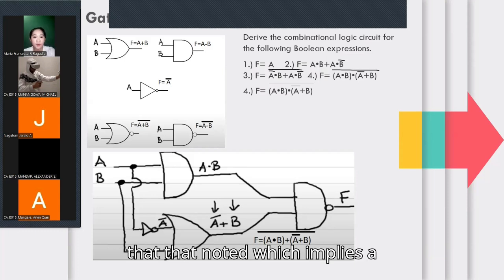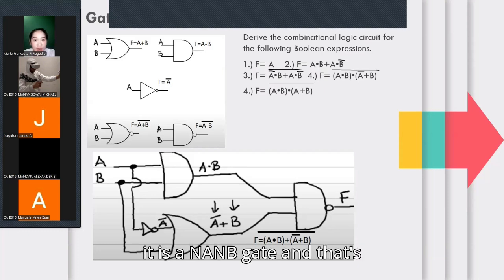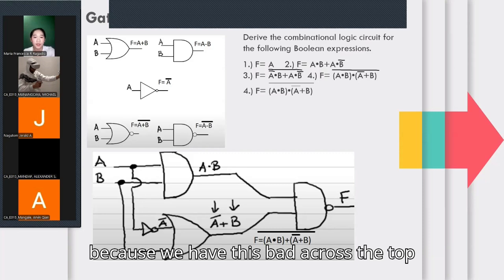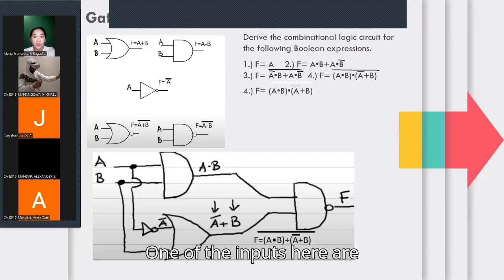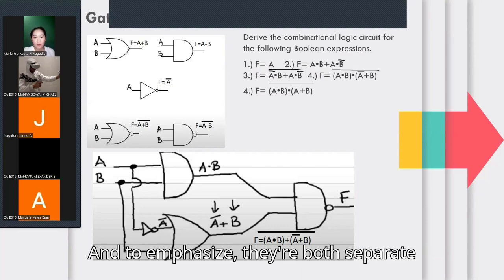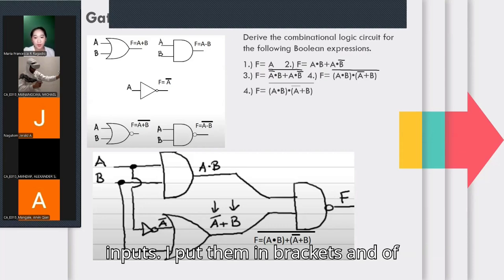That is noted, which implies an A AND B gate. It implies that because we have this bar across the top here, and F will now equal its inputs here. One of the inputs is A AND B. The other input is this one here, NOT A OR B, and to emphasize, they're both separate inputs, so I put them in brackets.